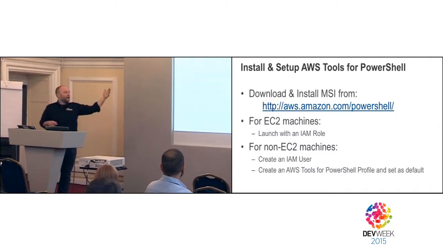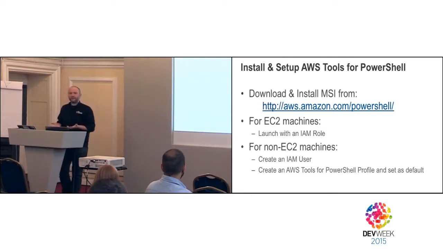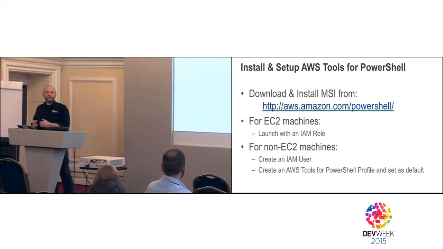It's an MSI. The MSI includes the PowerShell tools, the .NET SDK, and it also includes the tools for Visual Studio as well. So if you use Visual Studio and install this, then you get a GUI interface within Visual Studio to manage your AWS resources. And as I said, for EC2 machines, you're going to have to create an IAM role, and then you launch that instance with that role.